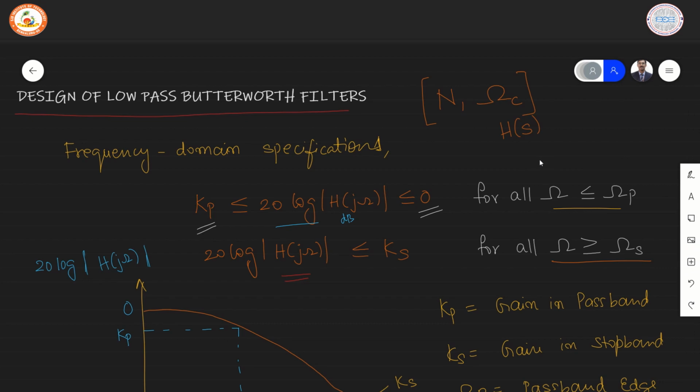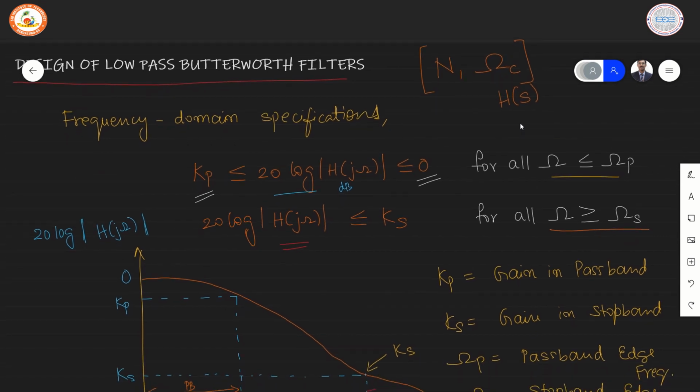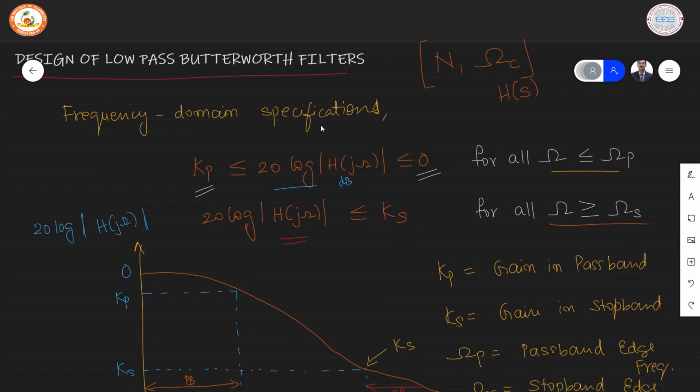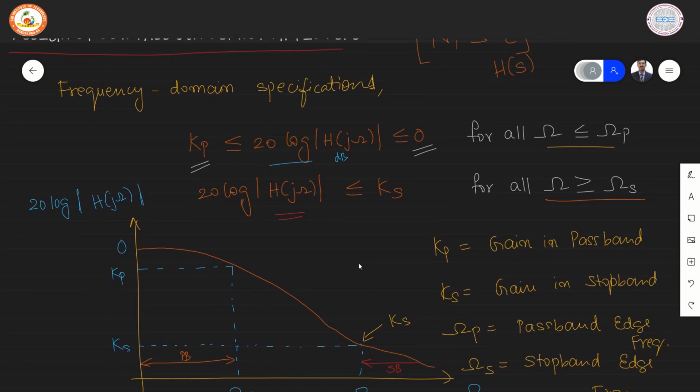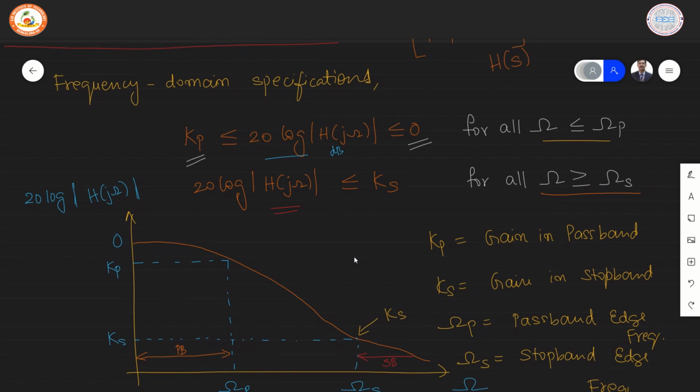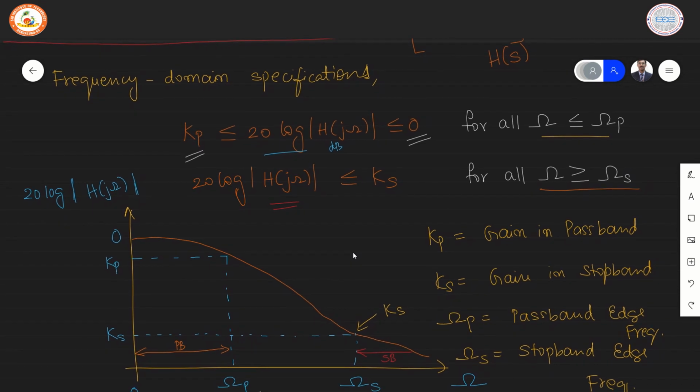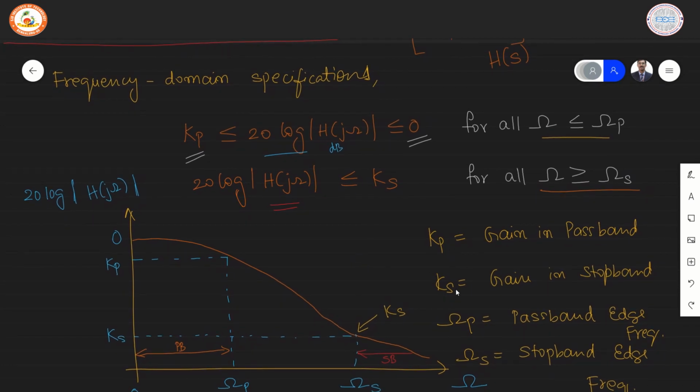First, to carry out the design, we start with the frequency domain specifications. We are aware from the frequency response that the parameters given for design are Kp, Ks, omega p and omega s. Kp is the gain in the passband. Ks is the gain in the stop band.